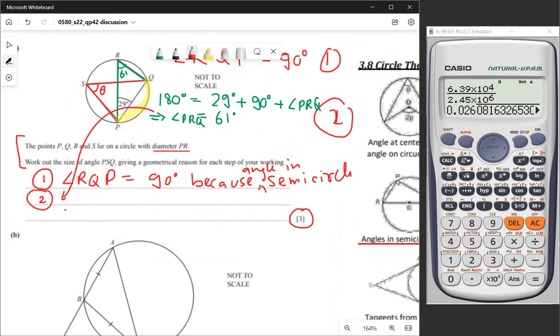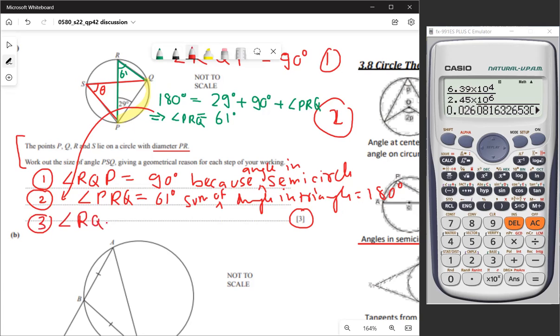And then we'll find that angle PRQ is 61 because the sum of angles in a triangle equals 180 degrees. Fine?